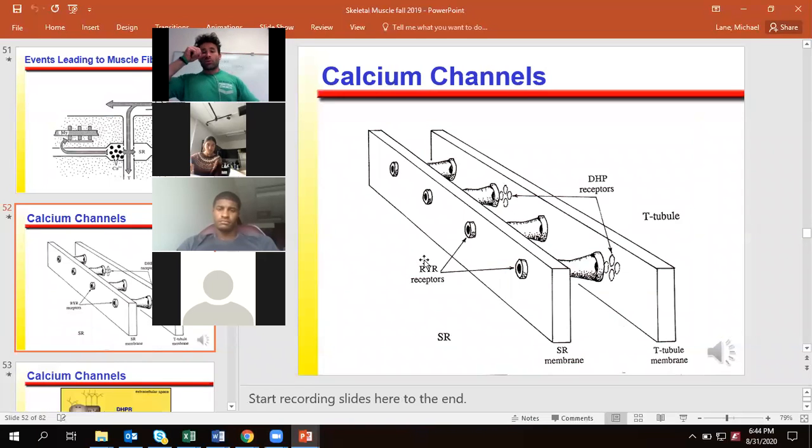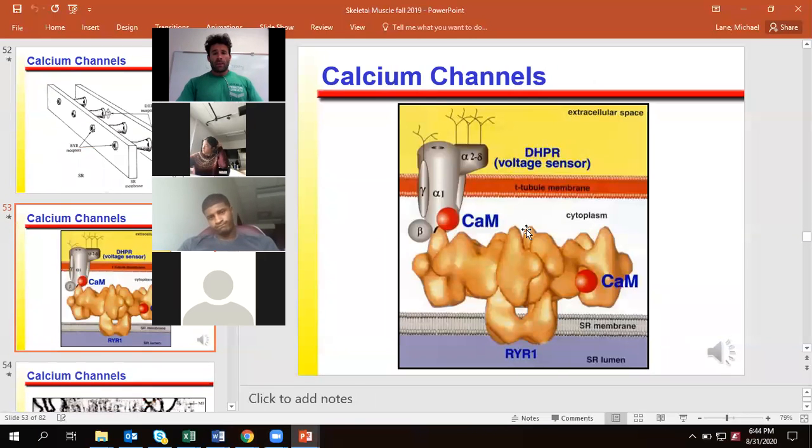So this actual interfacing between the T-tubule membrane and the SR membrane is going to be from the DHP receptors on the inside of the T-tubules into the ryanodine receptors into the SR. Just figure, since it's naturally going from the T-tubules into the SR, DHP into the ryanodine receptors and into the sarcoplasmic reticulum. Now it's really cool because those DHP receptors inside of the T-tubules have voltage sensors.